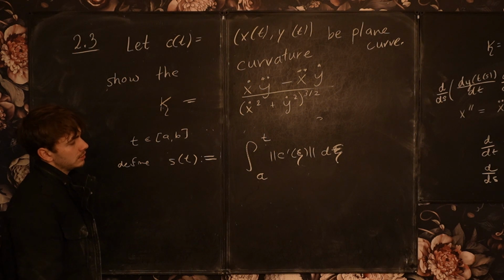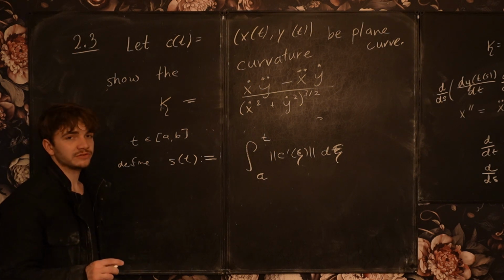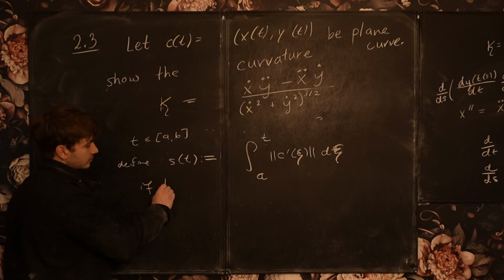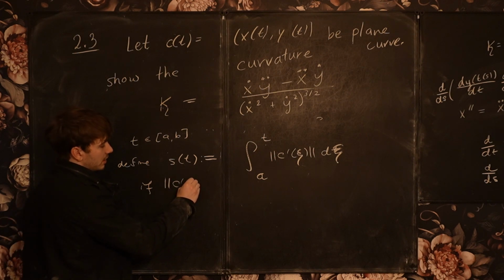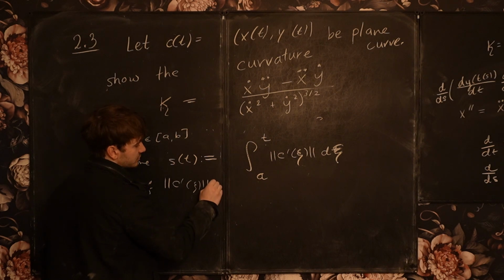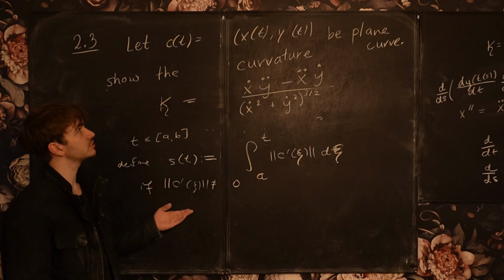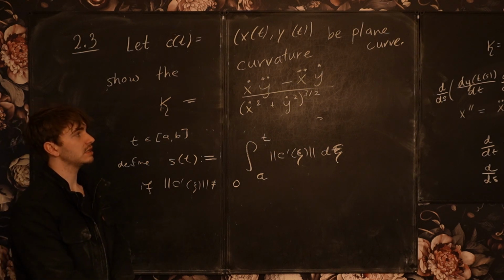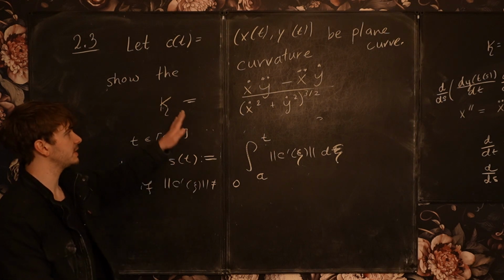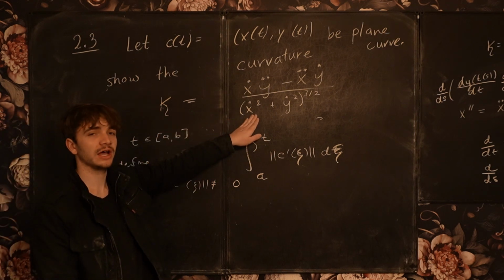Now, this actually gives us, if this C prime is never zero. Okay, so if this curve C of t has positive speed everywhere, which note that it has to have in order for this to be well defined.